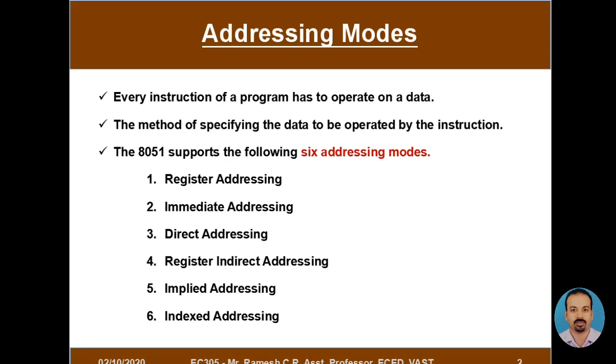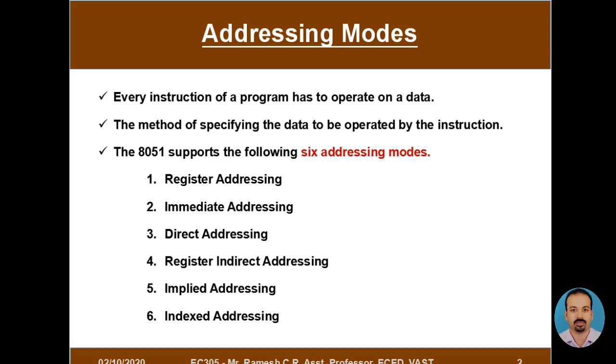other microcontroller. So as we looked into the case of the microprocessors also, this 8051 microcontroller also supports 6 different addressing modes, which start from register addressing mode, followed by immediate addressing, direct addressing, register indirect addressing, and implied addressing.